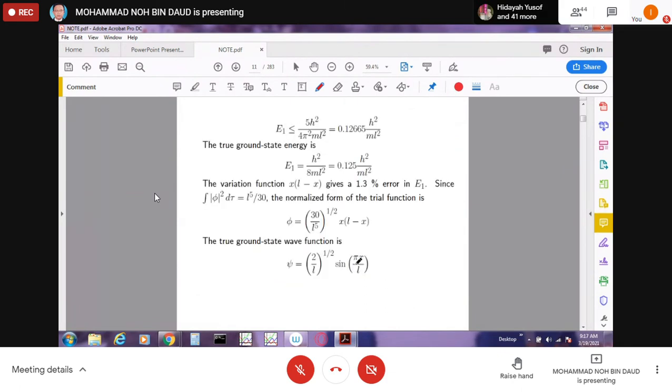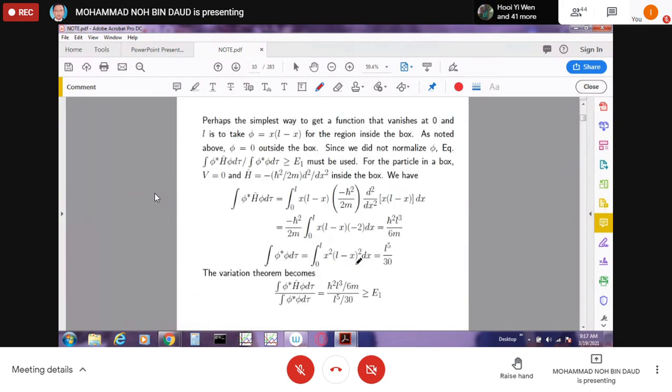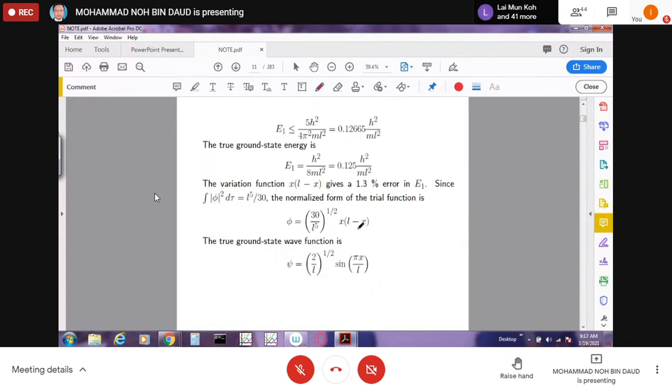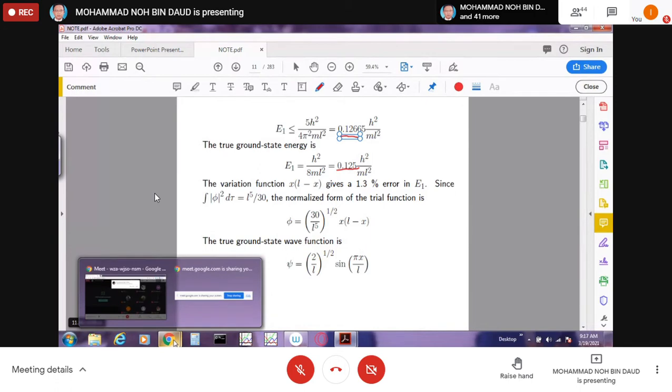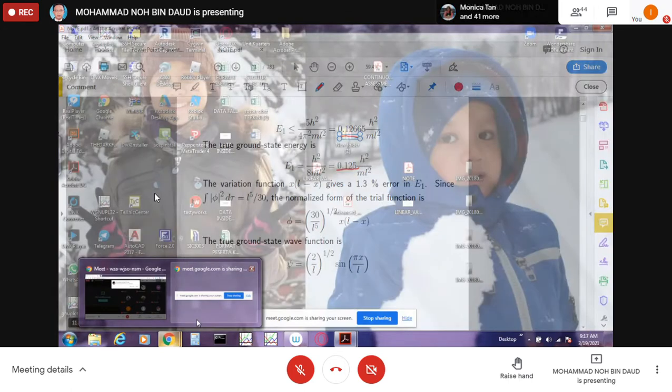We have already seen in our last lecture that we used one basis function, and we proved that this approximate energy is greater than the actual energy. How about if we include more basis functions in the trial function?